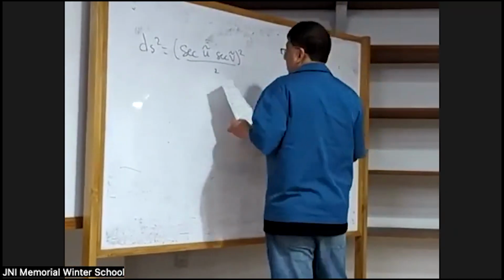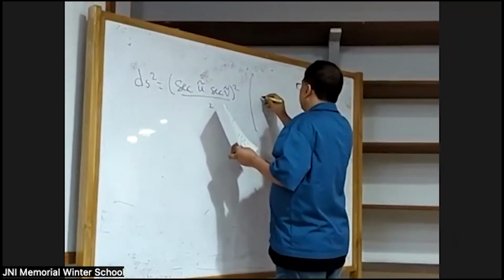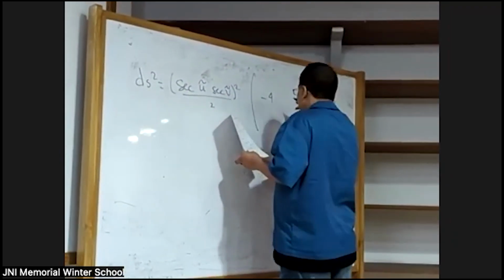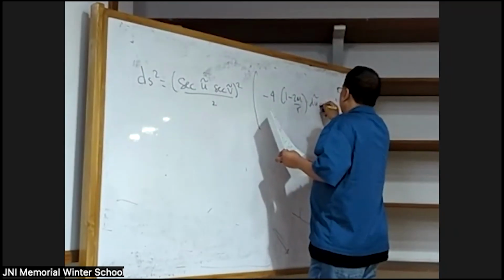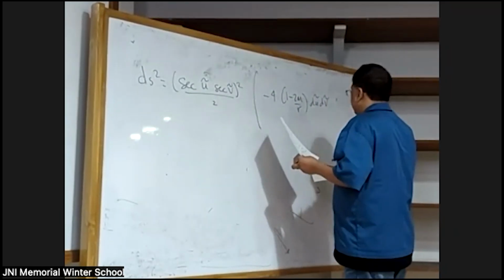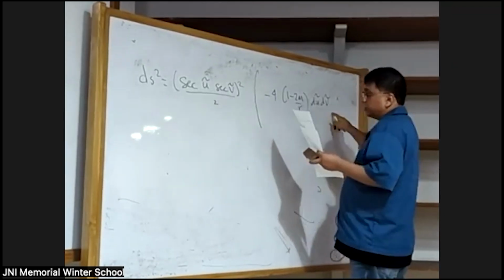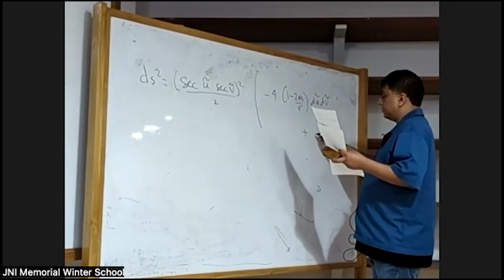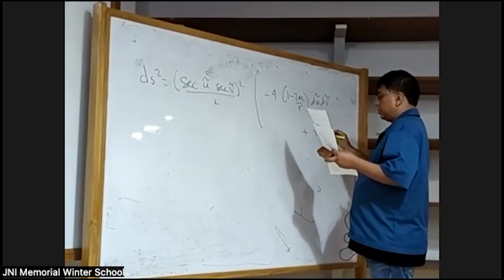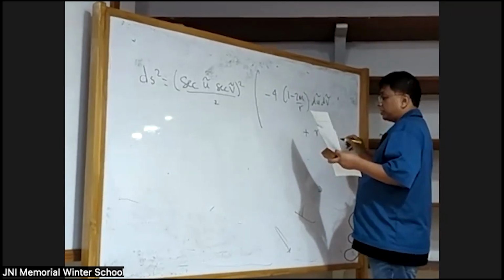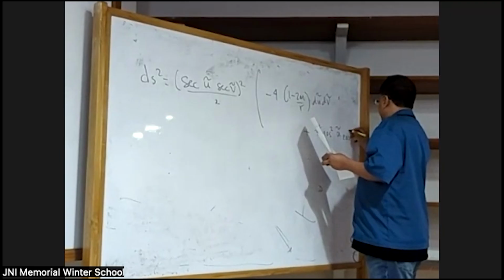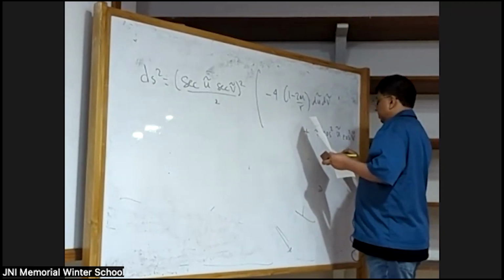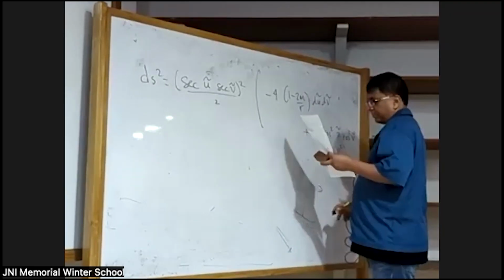And then here, I'm including the radial piece: r squared cosine squared u tilde cosine squared v tilde d omega squared.